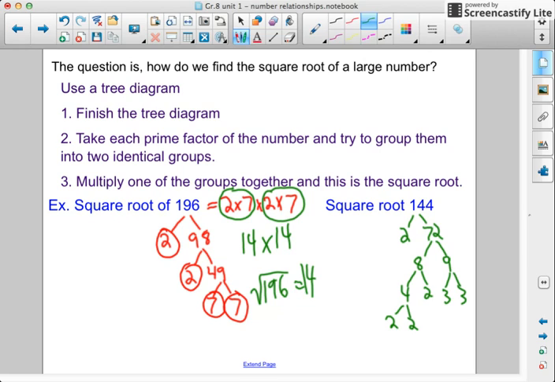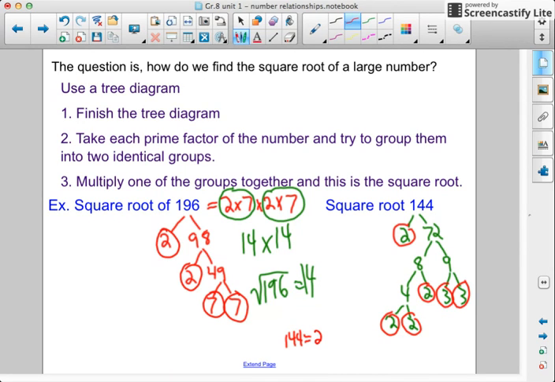So I'm going to take all of these prime factors at the bottom of the branches. And I'm going to group them together in two equal groups. Okay, I'm going to try to write that down here. So 144 equals, I have 4 2s and 2 3s.